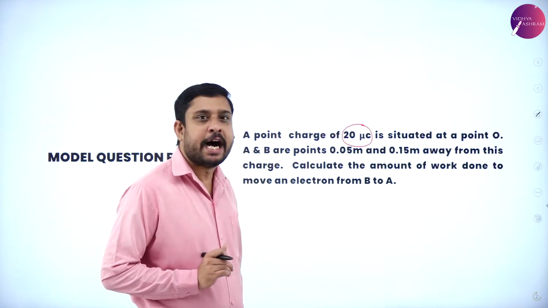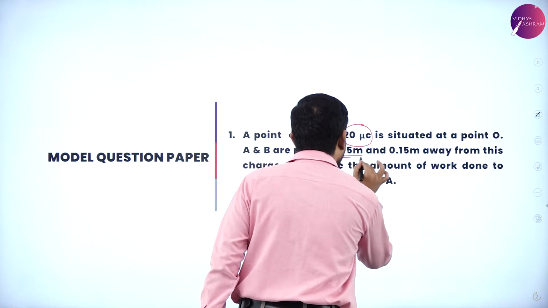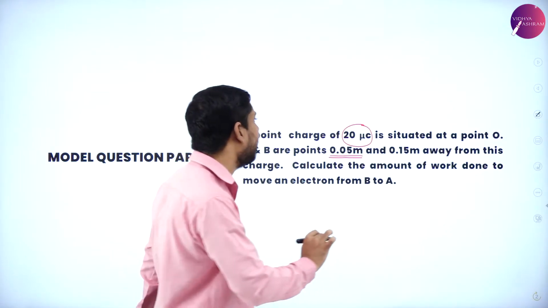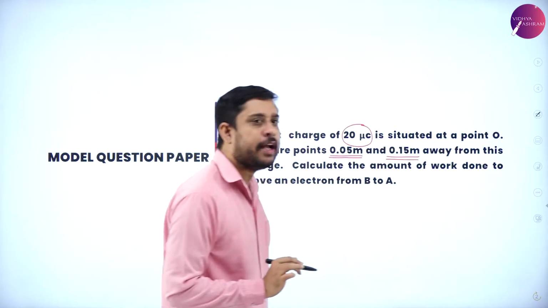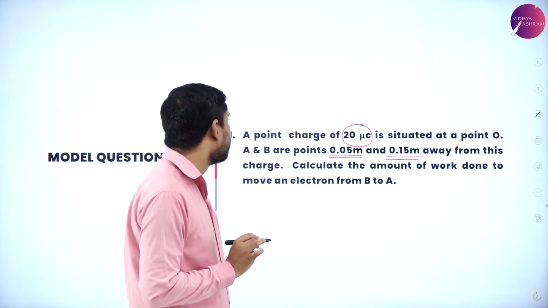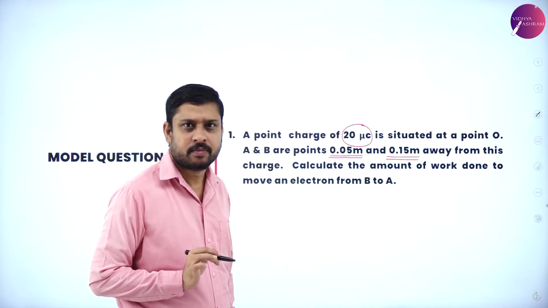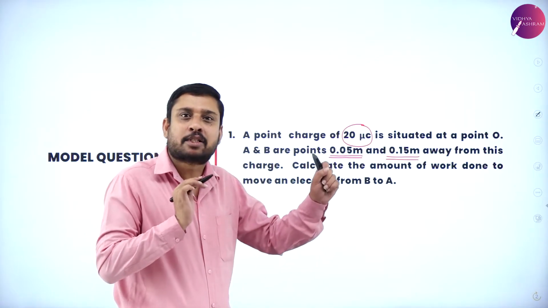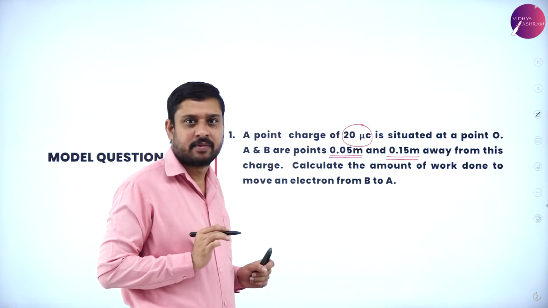A and B are points 0.05 meter and 0.15 meter away from the charge. Two points at two different distances.